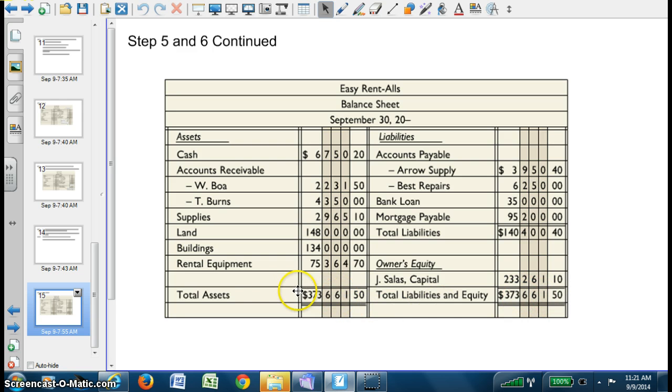So you should have these totals matching, hence the word balance sheet. And notice how these totals appear on the same line, and then double underlined. So that's it for today. So again, make sure you come to class having some notes down, or any questions or concerns, as we'll be using this information in the class.